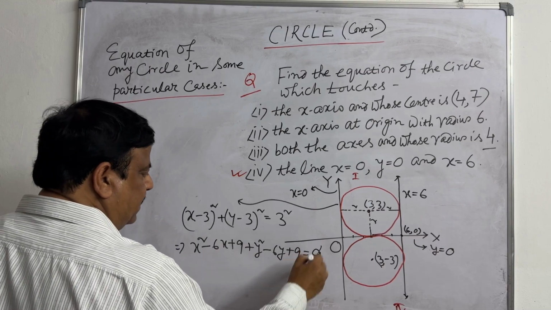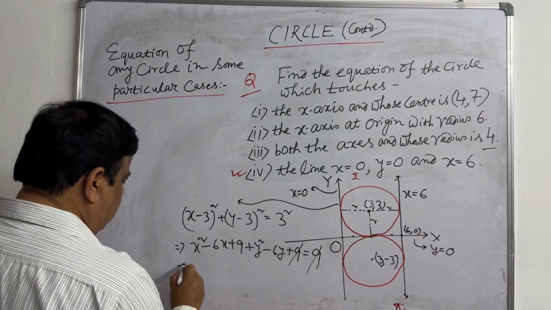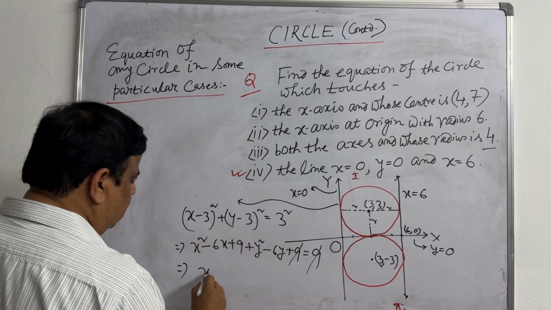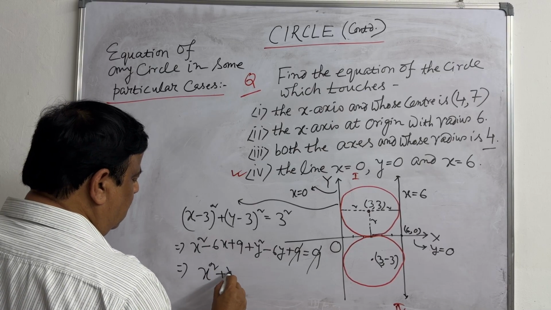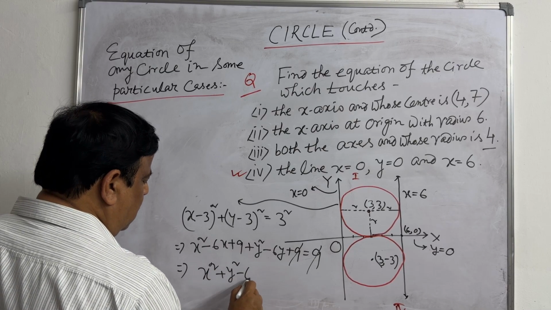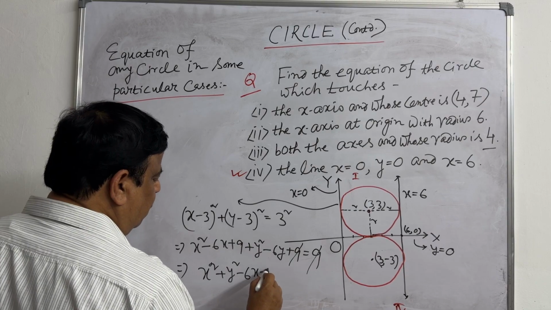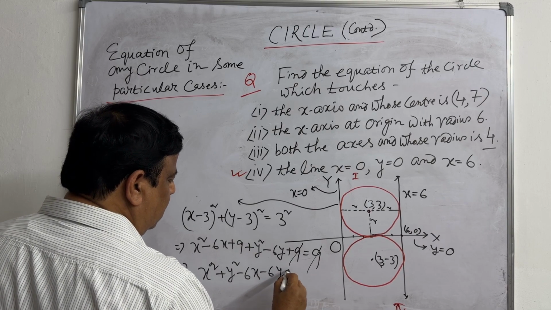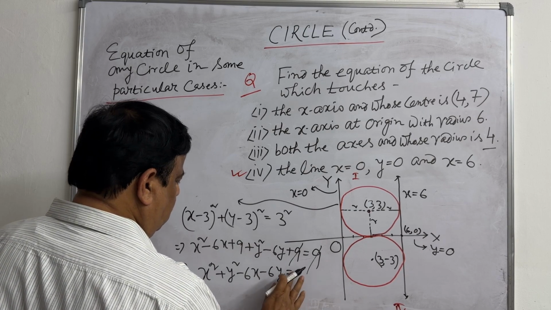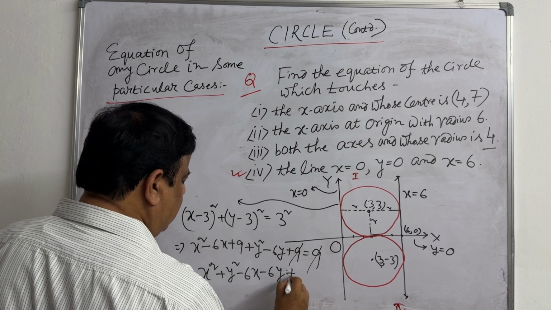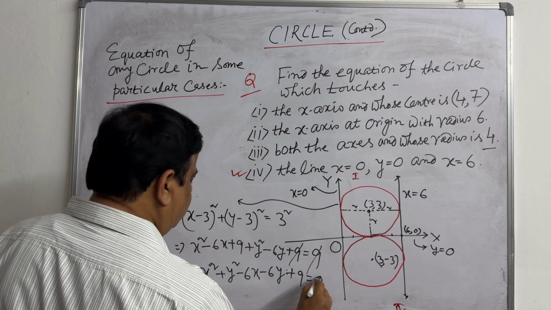So if you cancel 9, then what will be the final equation? It is x square plus y square minus 6x minus 6y plus 9 equal to 0.